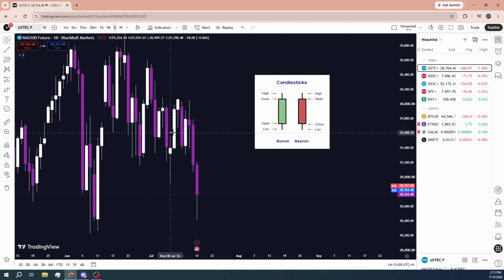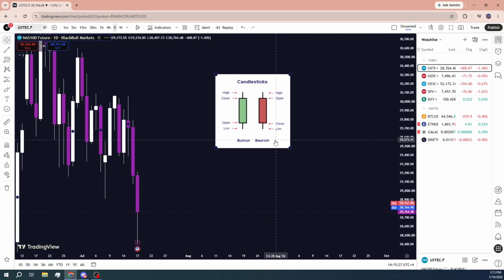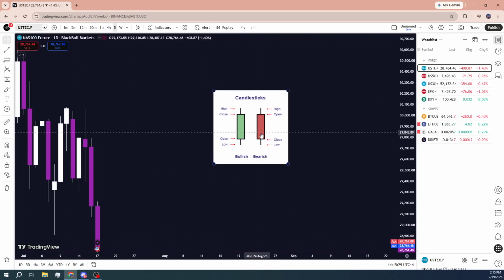On my chart, I have changed my colors because I like it this way. So bullish candle on my chart is white candle, and bearish candle on my chart is the purple candle. So yeah, do not get confused. You can change the colors, it's not any problem. But yeah, so we have two types of candles, bullish and bearish. How is a candlestick forming?